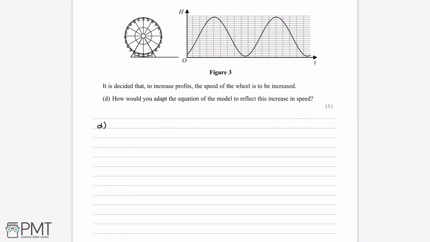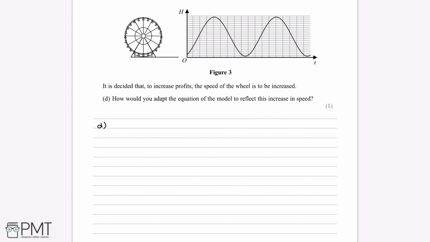So it's decided that to increase profits, the speed of the wheel is to be increased. And part D is asking, how would you adapt the equation of the model to reflect this increase in speed? So an increase in speed would mean that it travels the same distance, or goes up or down the same height, but in a smaller period of time. If we think of it as the equation speed equals distance over time, for a speed to increase, time would decrease.